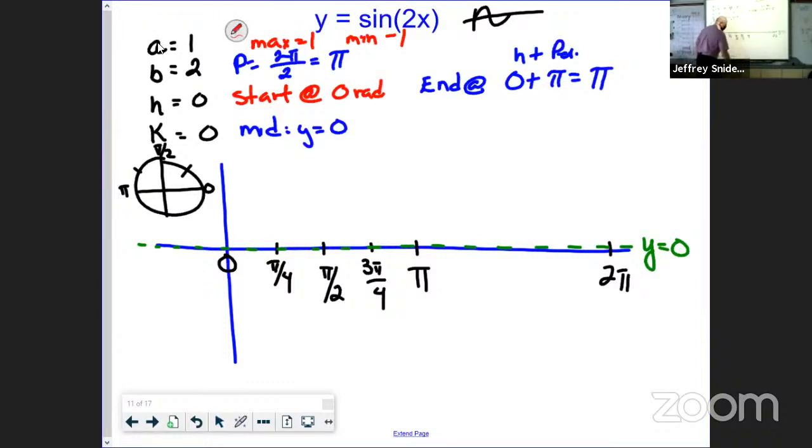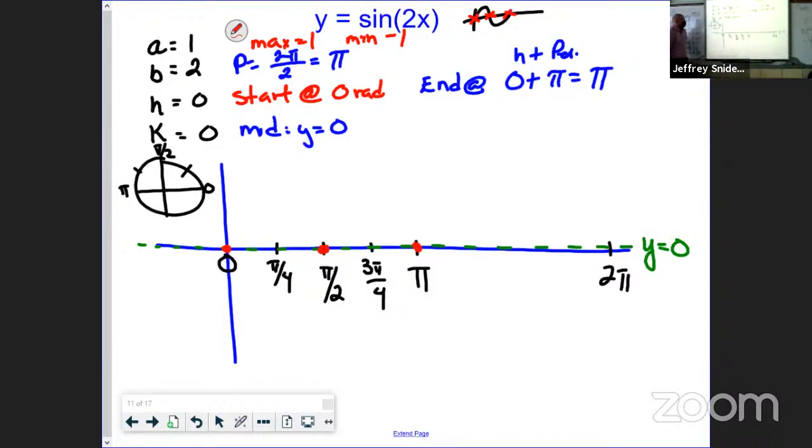All right, let's graph this thing. Here we go. We know that sine starts on a 0. Starts on the what? Midline. That's where it starts, on the midline. So it's going to start here, and it's also going to end on the midline. And guess what happens? Halfway between those, it's also going to hit the midline. Because it hits the midline 1, 2, 3 times.